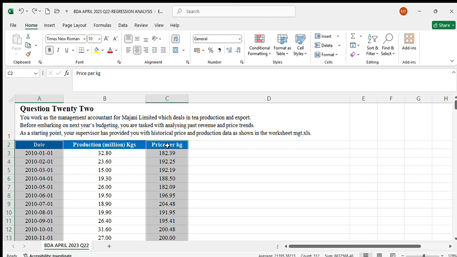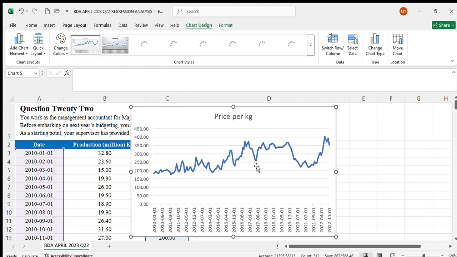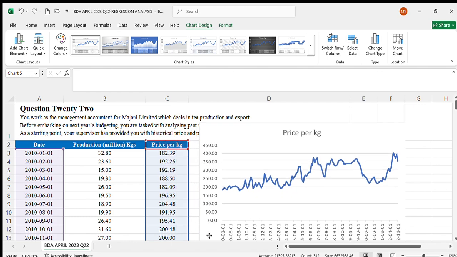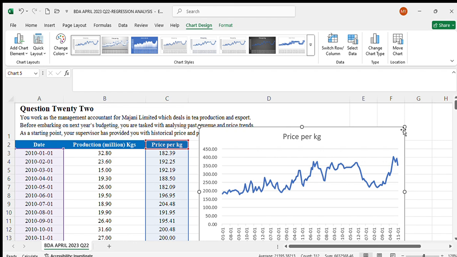Then for you to plot a graph, you come here, insert, recommended charts, then you want a line graph. So this is a line graph, put it there. Now like that, you can drag up to there. So I want to add the trend line. For you to add the trend line, you come here, that plus, and then you tick the trend line.